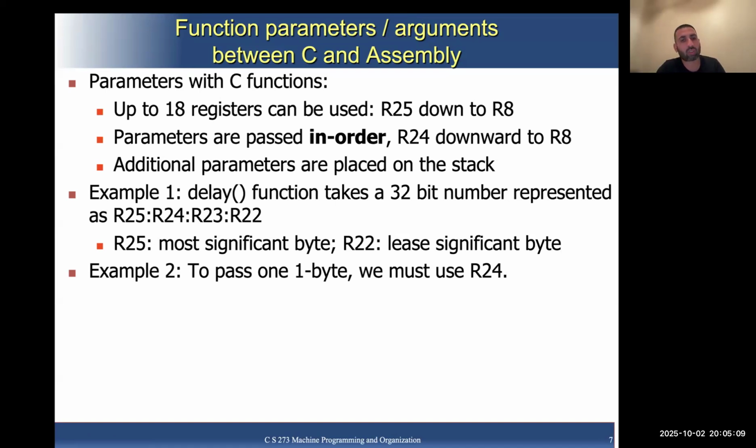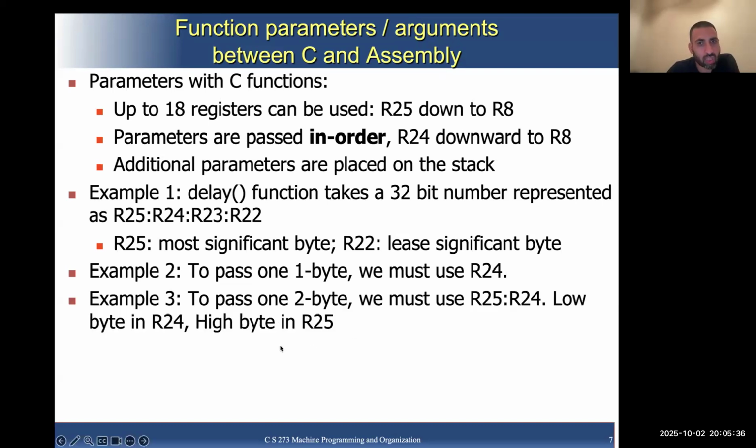But if you want to use not 16-bit but only a single byte, you place it in R24. You will not place it in R25. You don't need to load anything into R25, but you need to remember that on the assembly side, when you are reading a 1 byte value, you will read only R24, and R25 in that case will contain garbage unless, before passing the 1 byte, you set it equal to 0.